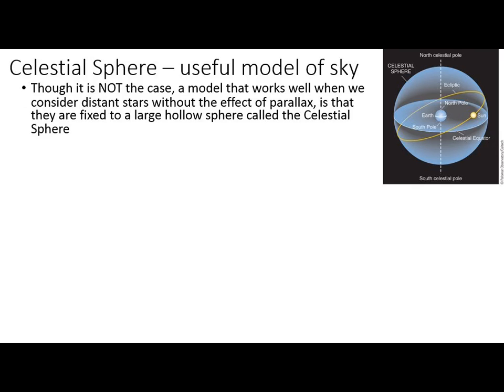If this is the Earth's axis of rotation, it ends up showing on the celestial sphere the south celestial pole, and the north celestial pole. As I'm holding this carefully, this would be the north celestial pole, and this would be the south celestial pole. There's one more feature of the celestial sphere, and that is the celestial equator.